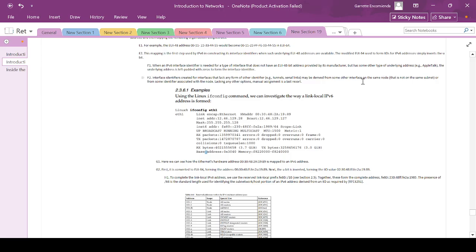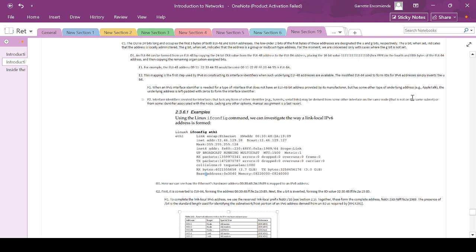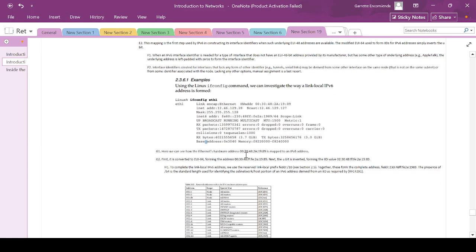So it may be derived from some other interface on the same node that is not necessarily on the same subnet, or from some identifier associated with the node.